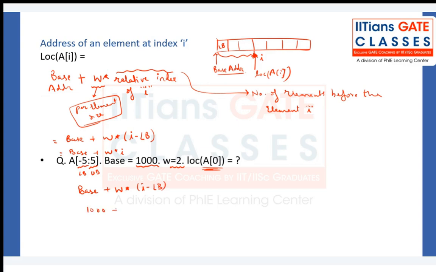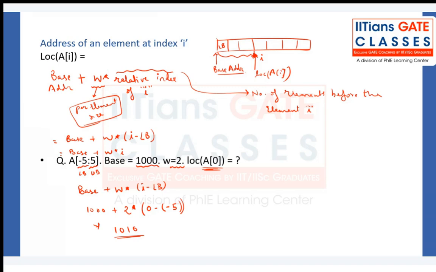This is 1000 plus 2 into 0 minus the lower bound, which is -5. Very good, guys. So the answer comes out to be 1010. That's simple, right? So yeah, that's how you find the location of an element at an index I.